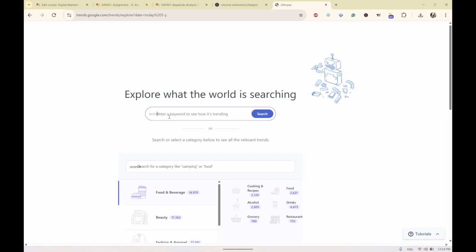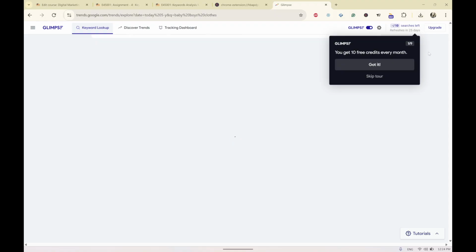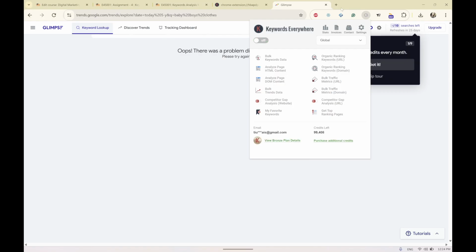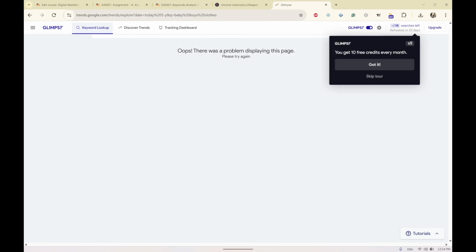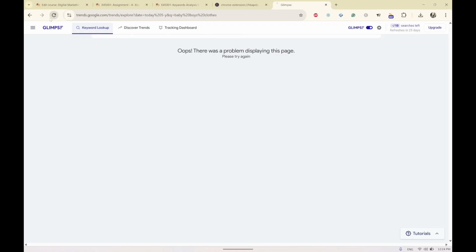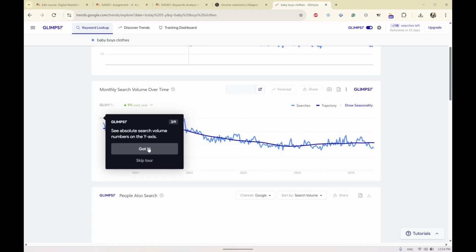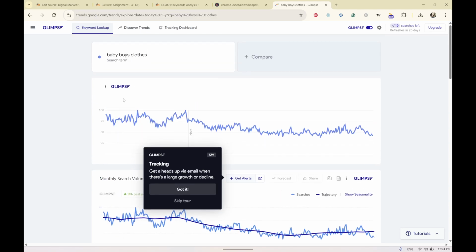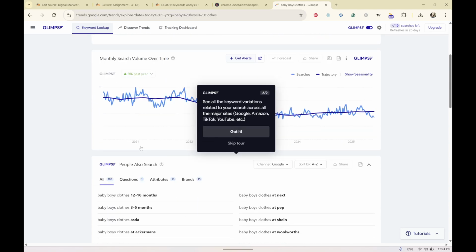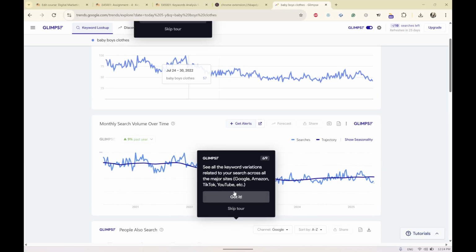Let's see if this works, hopefully. Okay, now let's put baby boys clothes for now. Good, now it's working. This is why. Okay, got it.